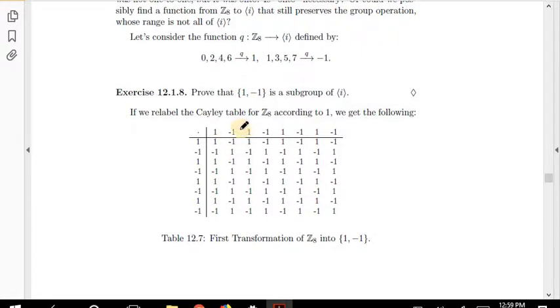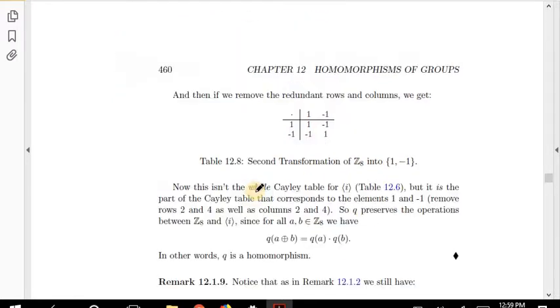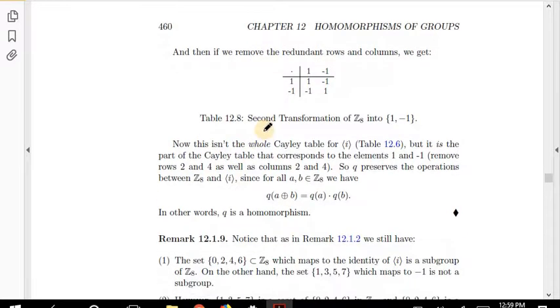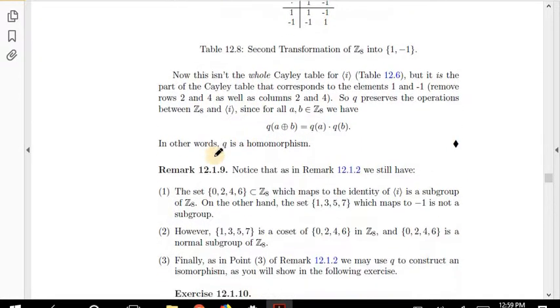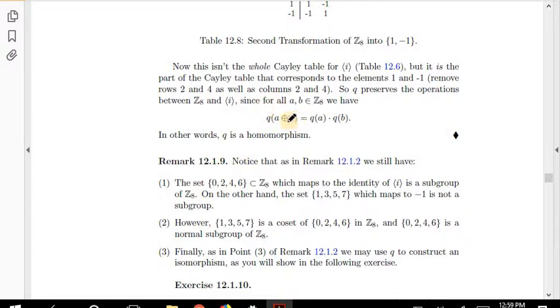So we have the same result, that this relabeling gives us the Cayley table for the range of the function. Okay. So we have the same, and we can look at the same things. We actually have the operation is preserved.